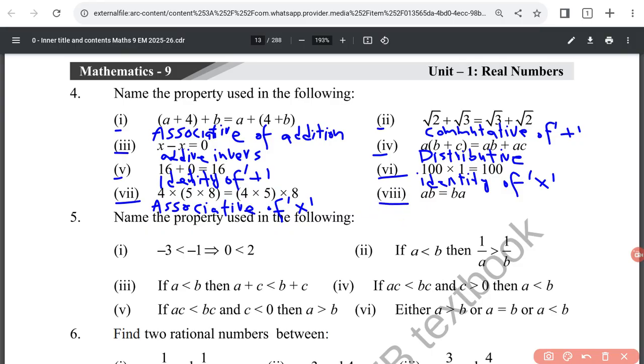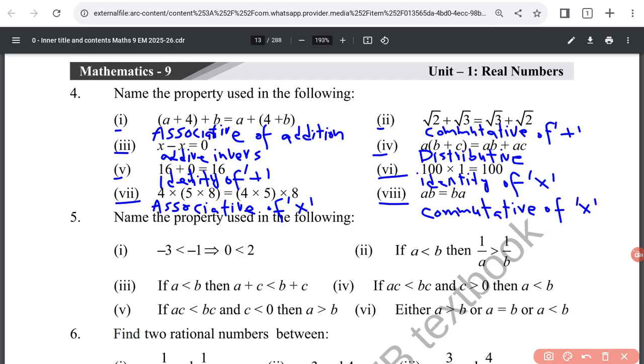Then if we talk about the eighth one, that is AB is equal to BA. So it is the commutative property of multiplication.